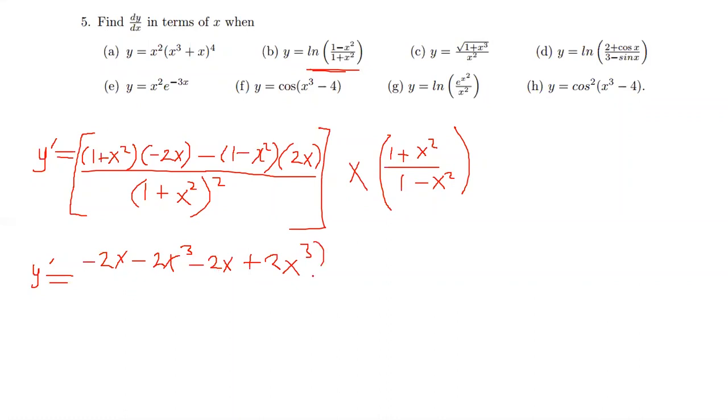And then all these divided by 1 minus x multiplied by x. Okay, when you multiply this, it's supposed to be 1 minus x, sorry.